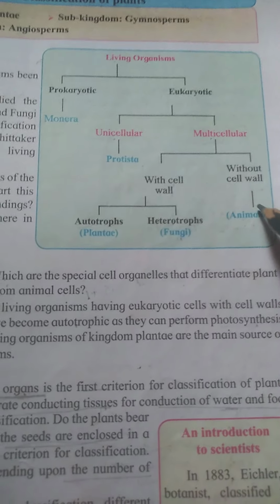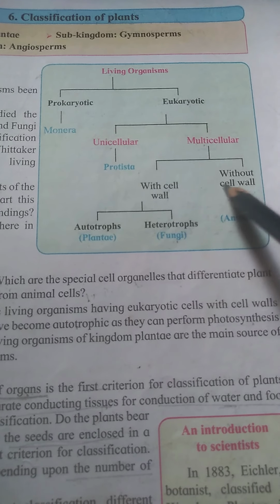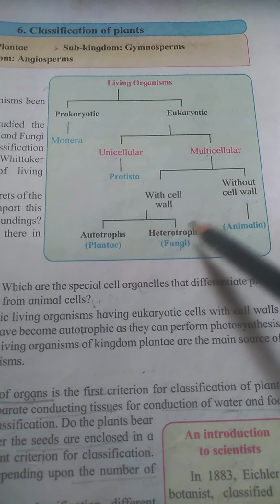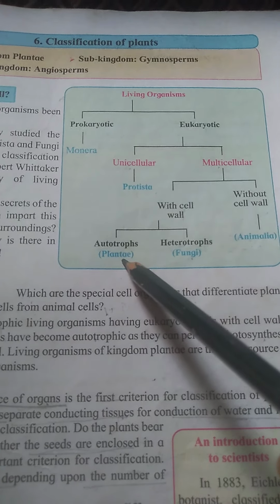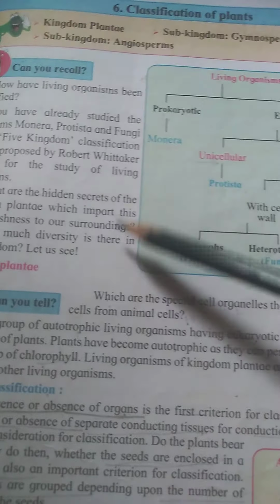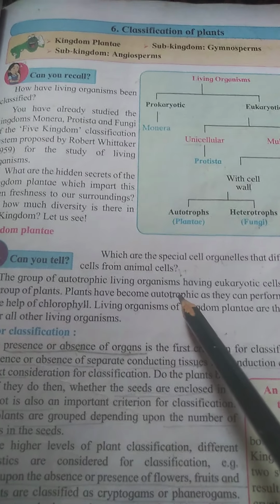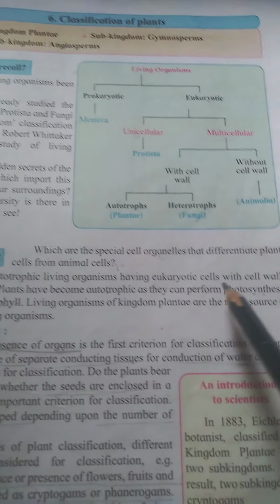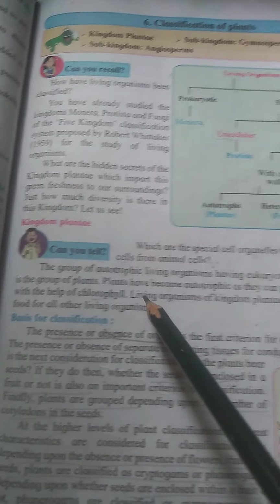In this lesson, we are not going to study Animalia. We are only going to study the autotroph, that is the plant kingdom. As you know, plants are autotrophs because they prepare their own food by the process of photosynthesis.